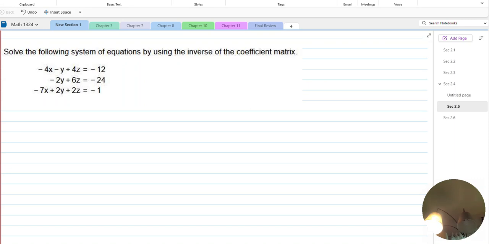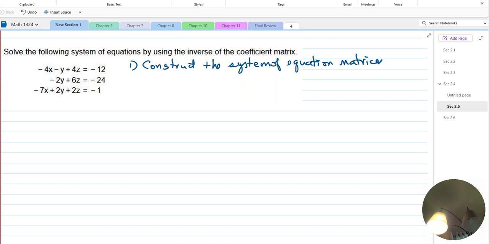So our first step is to construct the system of equations as matrices.